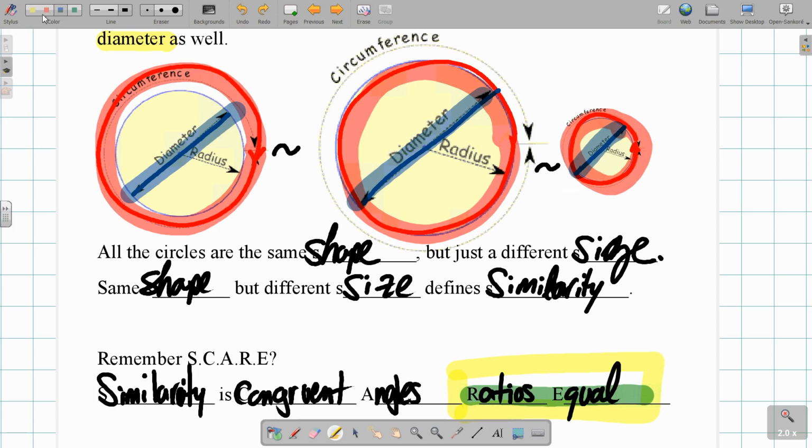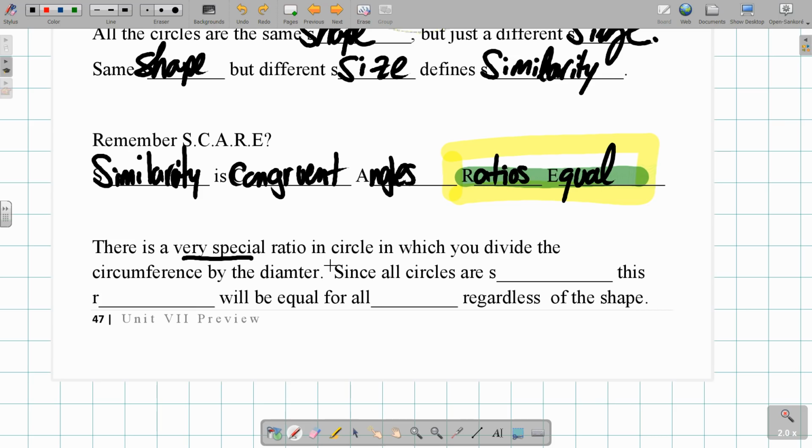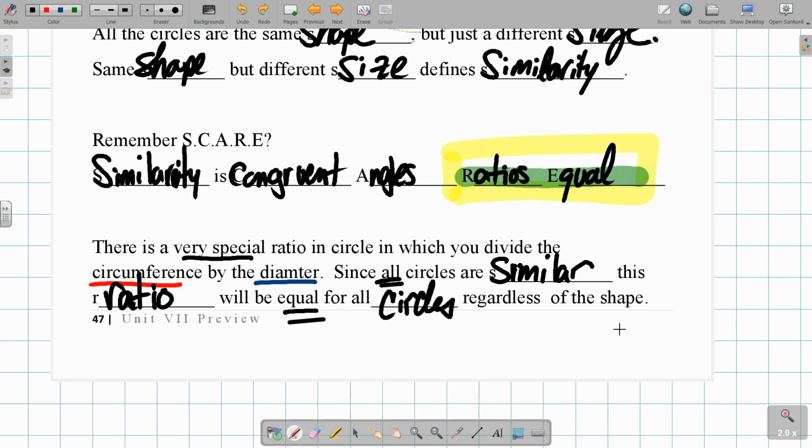And it's the same because all circles are similar. There's a very special ratio in which you divide the circumference by the diameter. And since all circles are similar, this ratio will be equal for all circles, regardless of the shape.